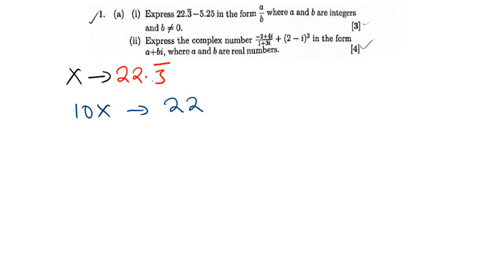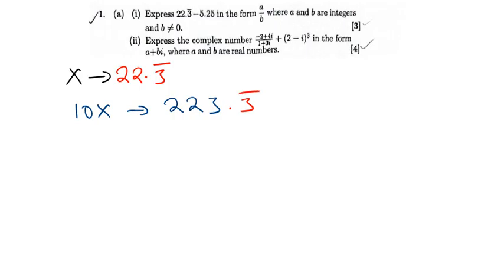Now this 3 will move. Remember, we're saying the number is 22.33 recurring, so if you multiply by 10, you still have recurring 3s there, right? So it will still be 0.3. This is still 3 recurring, by the way.